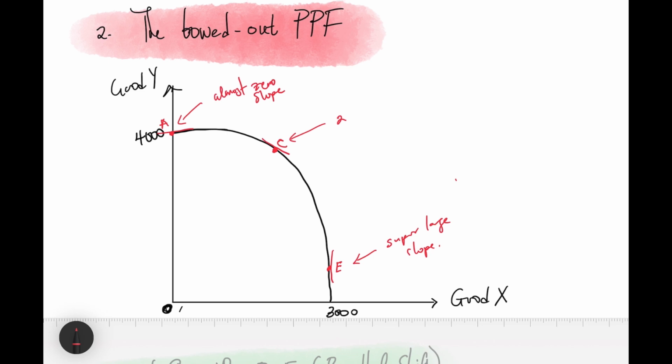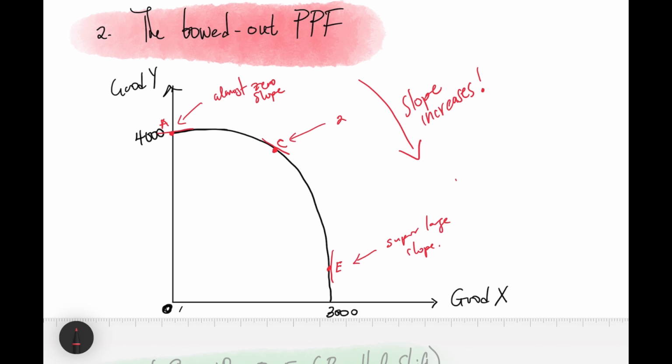So what we notice is as you move from the left hand side to the right hand side, the slope increases. That is something you really need to hang on to in the class when we are using bowed-out PPFs to describe what is happening in, say, an economy. Now, what if I flip the goods?